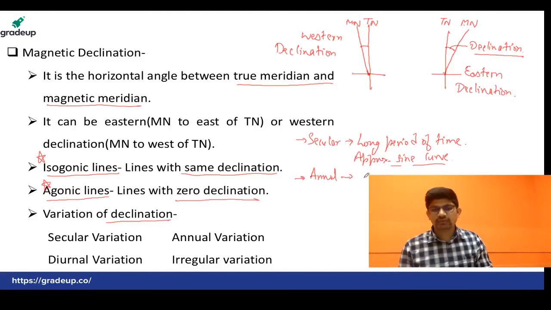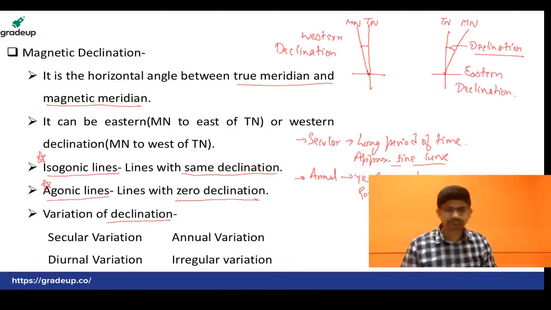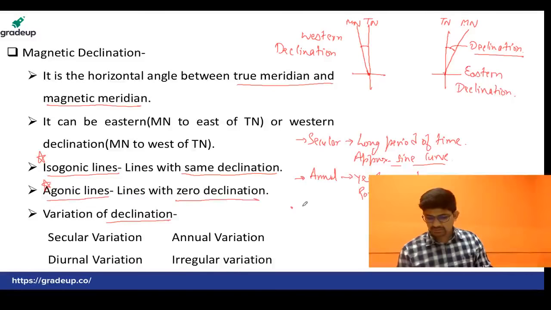Then there is annual variation. As the name suggests, it is yearly variation, and it occurs due to the rotation of earth around the sun. Then there is diurnal variation.